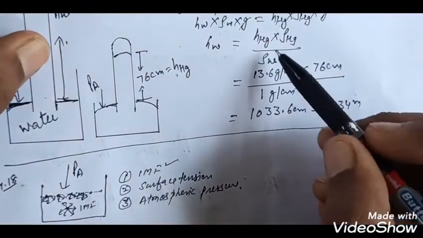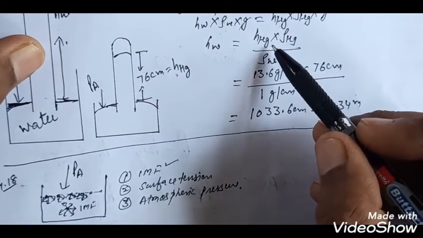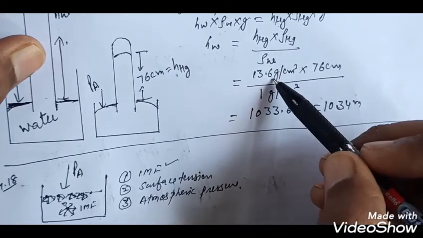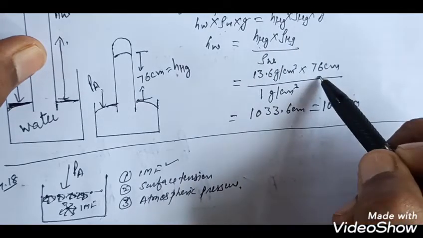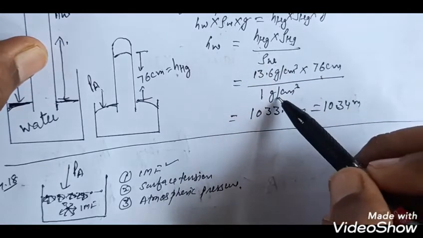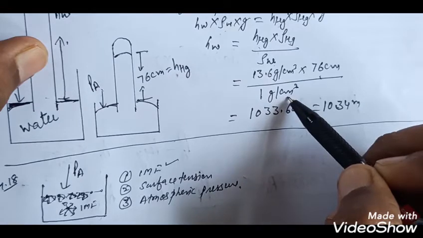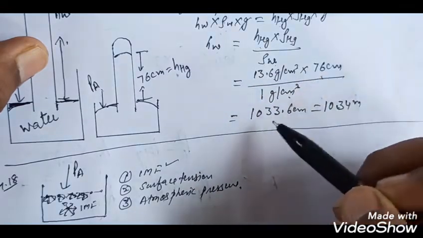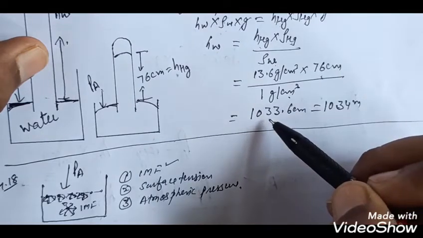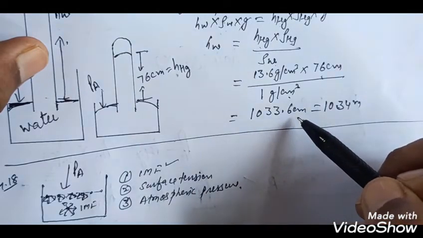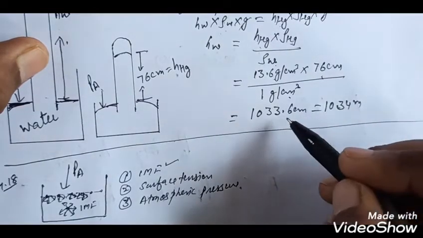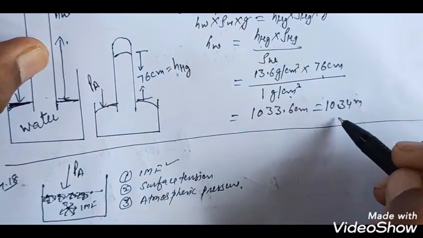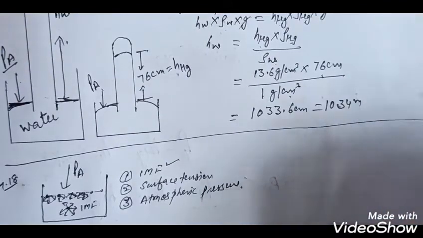And we put the values. We know the density of mercury is 13.6 and the height of mercury is 76 centimeter in CGS system, divided by the density of water in CGS system, which is 1 gram per centimeter cube. You multiply 13.6 into 76, you will get 1033.6 centimeter, right? Now you convert it into meters, equal to 10.34 meter.